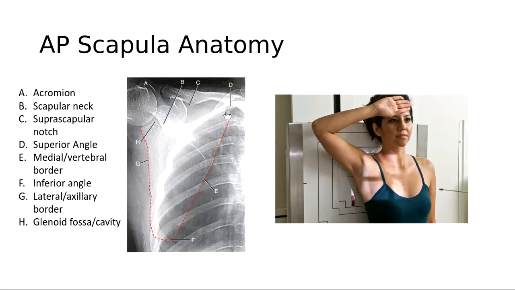E is the medial or vertebral border because it's closer to the spine, which is over here. F is the inferior angle of the scapula. G is the lateral or the axillary border. And then H represents the glenoid cavity or the glenoid fossa, where the humeral head sits to form the shoulder joint or the ball and socket.